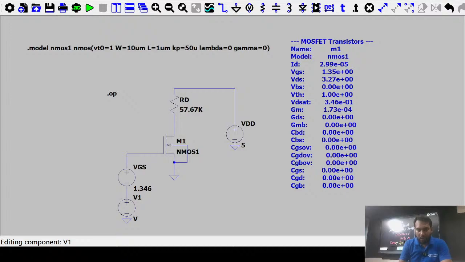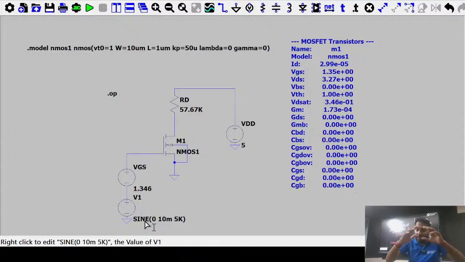You can change it to 5k or 1k, it's up to you. I am saying that the frequency is 5k. So this is happening here. This is a representation of a sinusoidal input over the 1.346. 1.346 is your DC voltage, and you are adding 10 millivolt, in terms of 0.010.